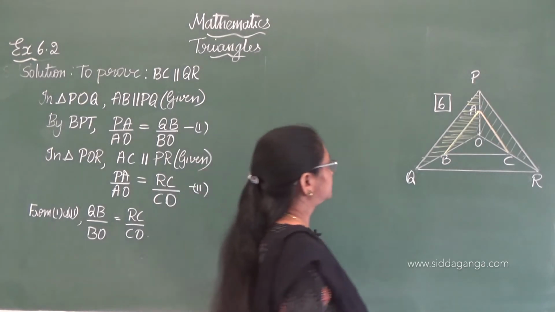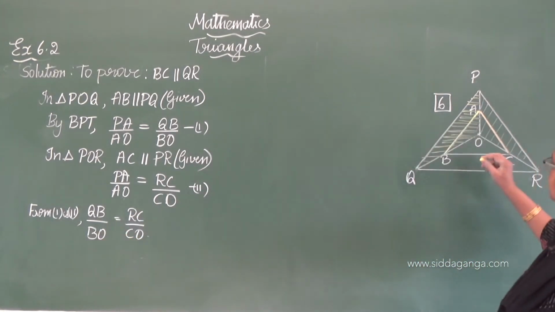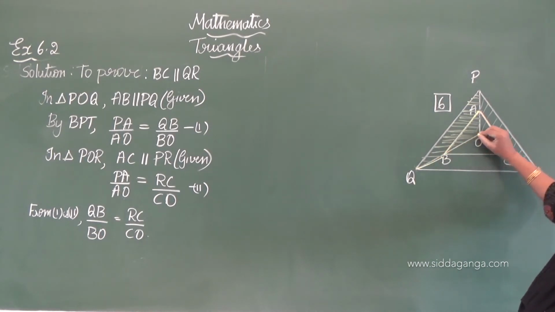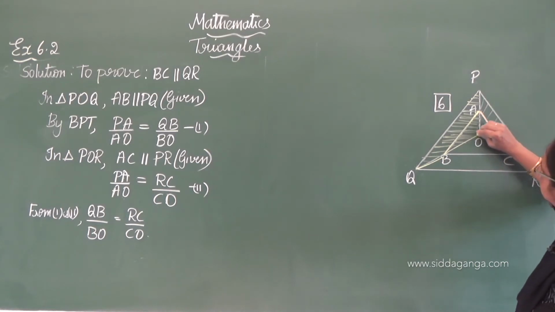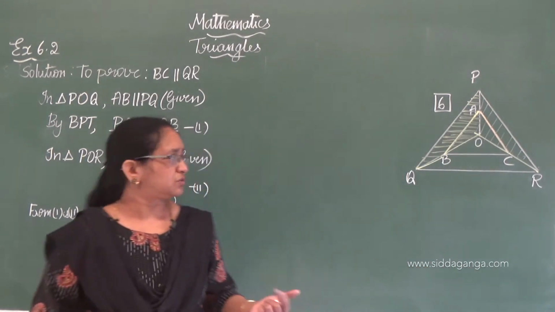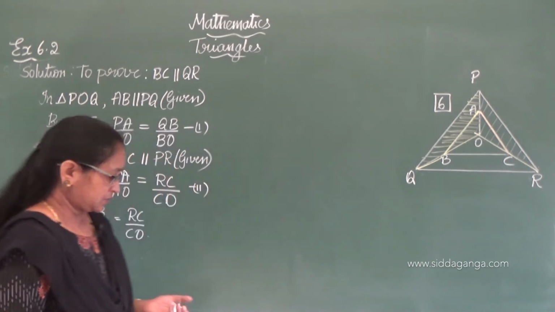See what result we got: QB by BO is equal to RC by CO. That is what we needed, correct?